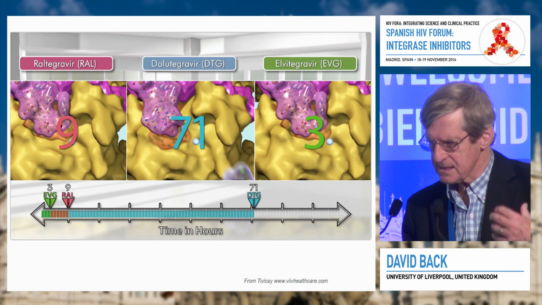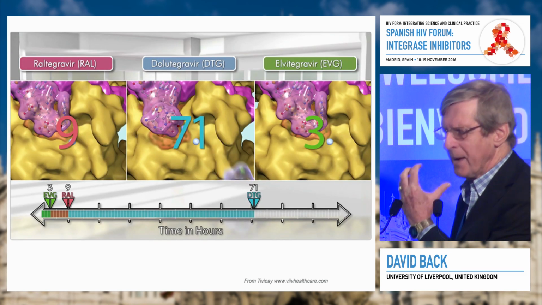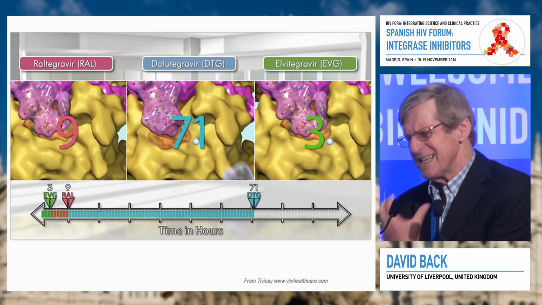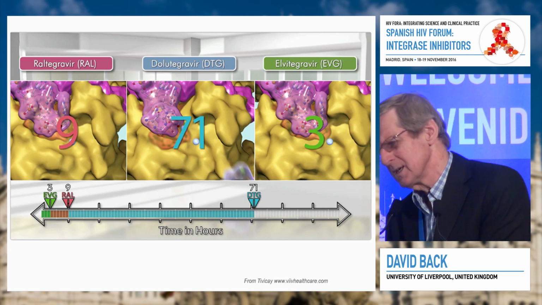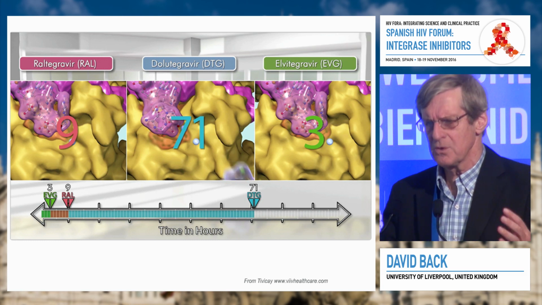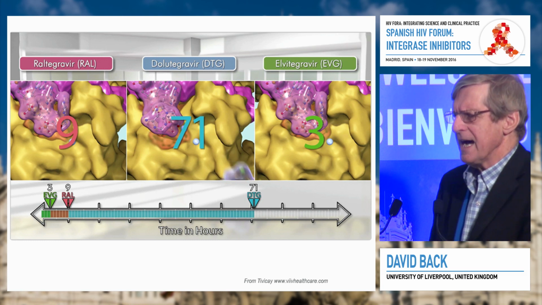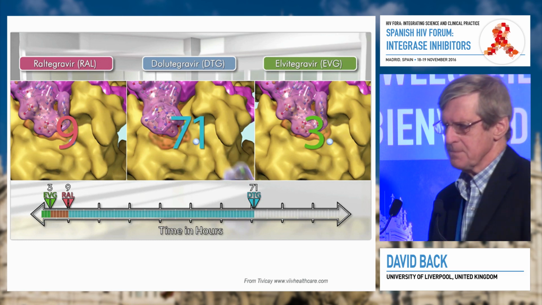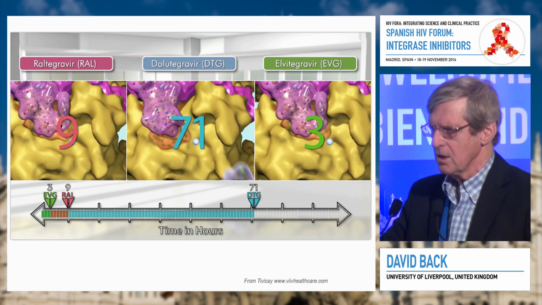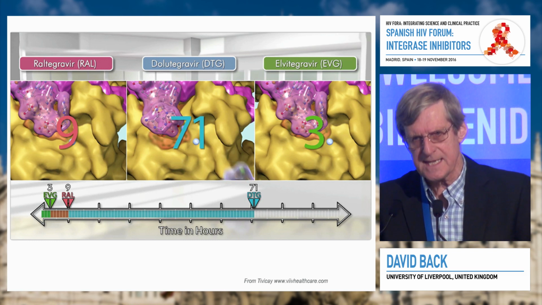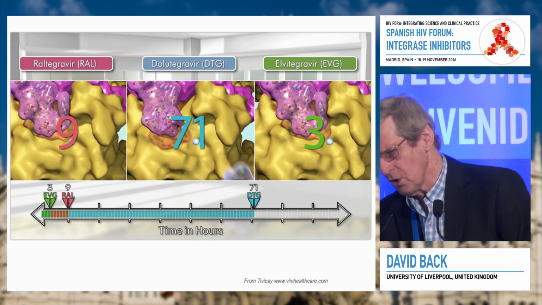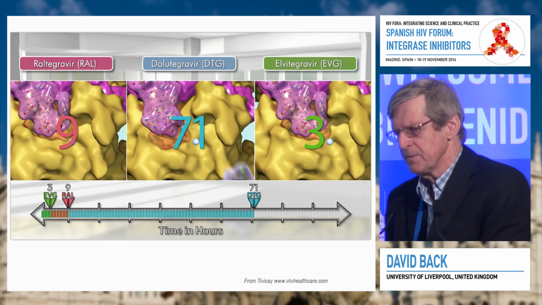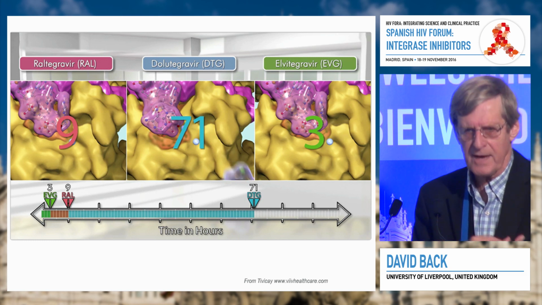Now that impacts their binding characteristics to integrase, and although these numbers should not be quoted as though they're set in stone, because it depends on how you do the experiment, it does show that there is a difference in the off rate of the drug from its enzyme, so that dolutegravir takes longer to come off the enzyme than does elvitegravir or raltegravir.